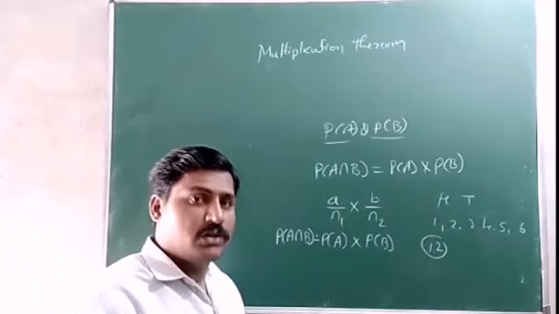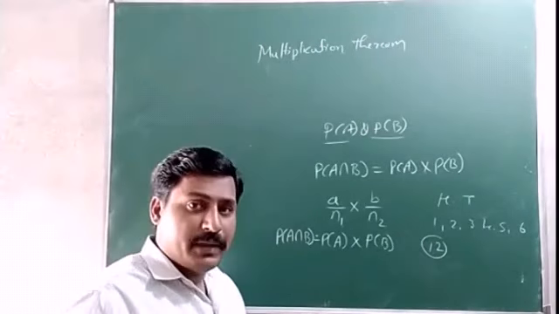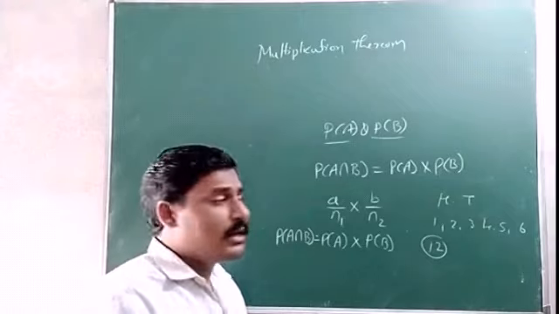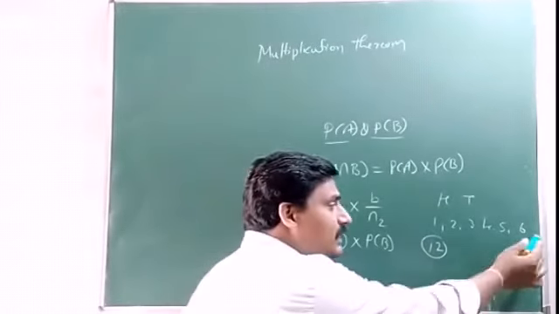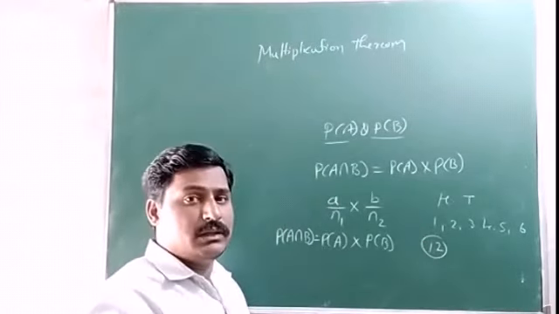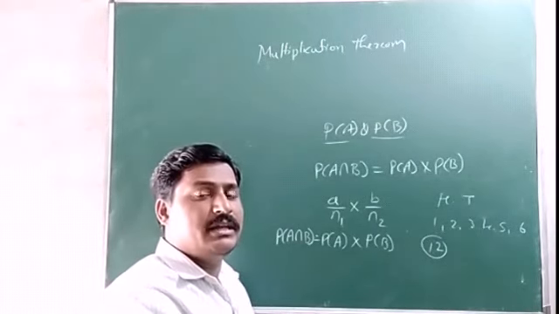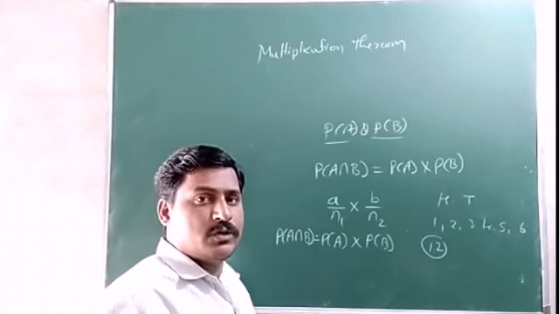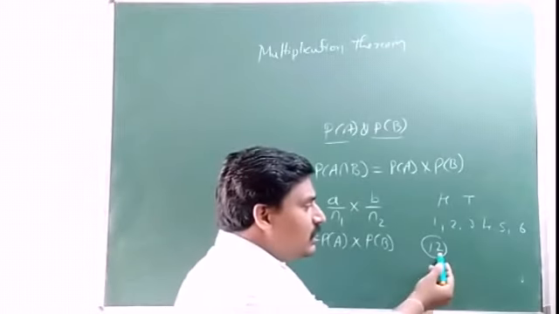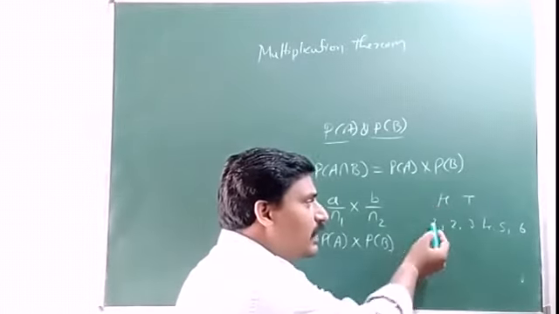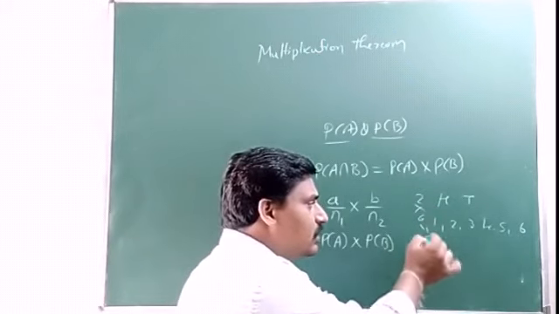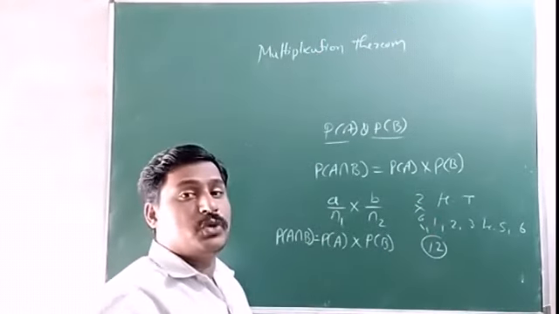If tail appears, tail may appear along with any of these 6 outcomes: tail and 1, tail and 2, tail and 3, tail and 4, tail and 5, tail and 6. So in this way, we get N1 into N2, 2 into 6 is equal to 12 outcomes, 12 exhaustive cases.